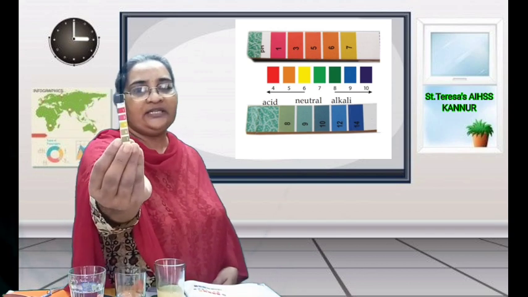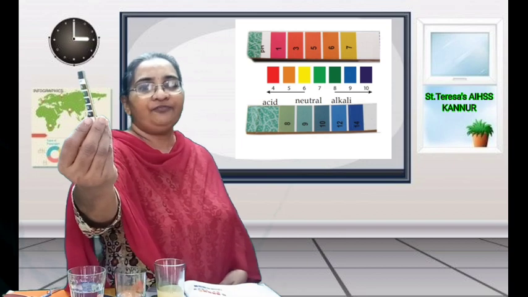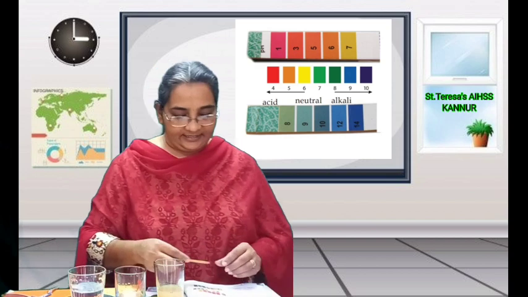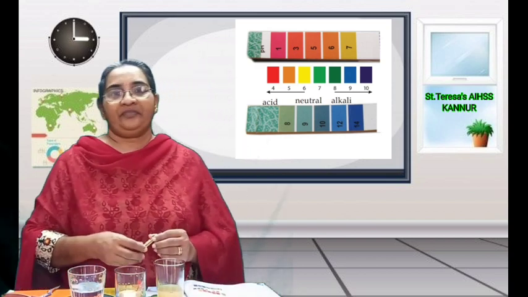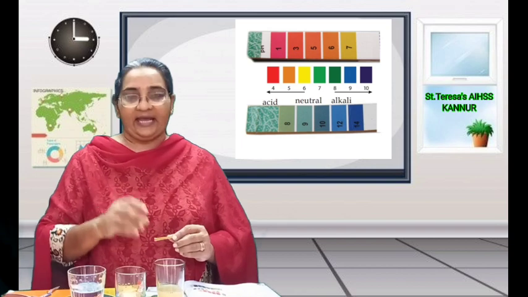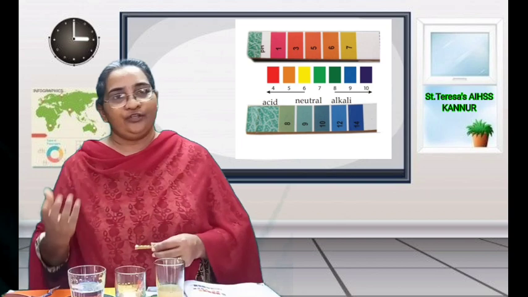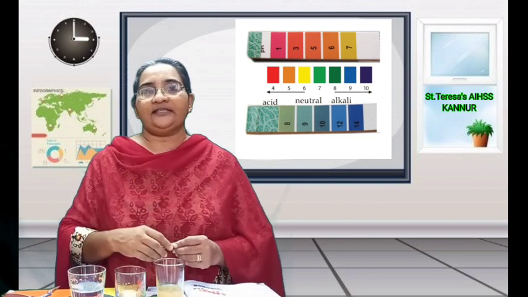If the pH is 1, 2, 3, 5, 6, like that, then the given substance is acidic, and if it is 7, the given substance is neutral. It is neither acidic nor alkaline. If it is less than 7, the substance contains more acid, it is acidic, and if it is greater than 7, then the substance is alkaline.